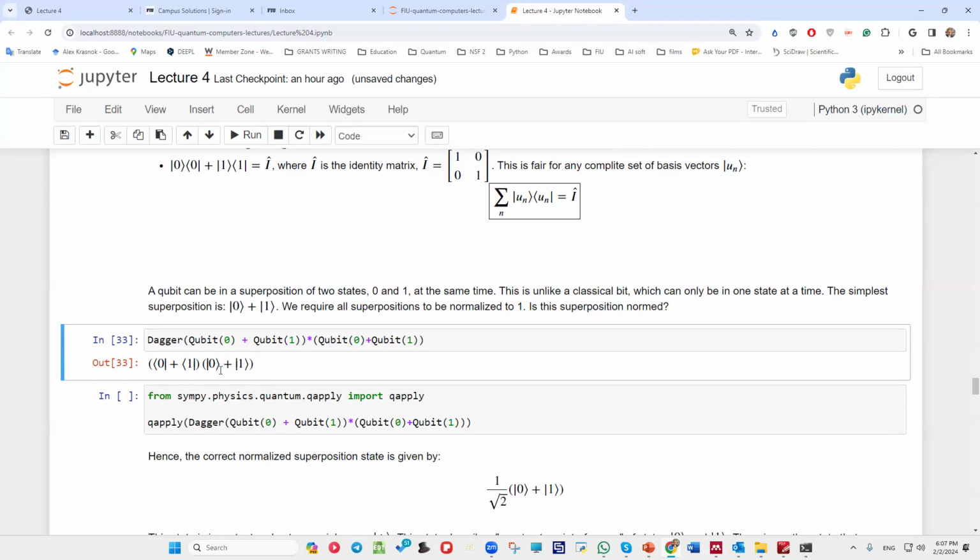In order to be able to compute expressions like this with multiple terms and simplify things, I need this operation qapply. So I import qapply from sympy.physics.quantum. And now I apply this qapply function to this expression here.